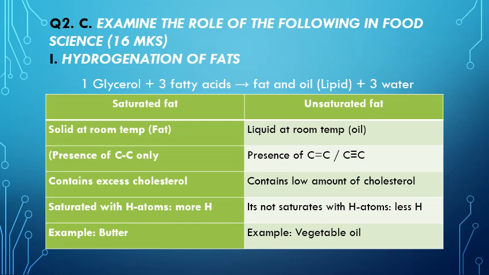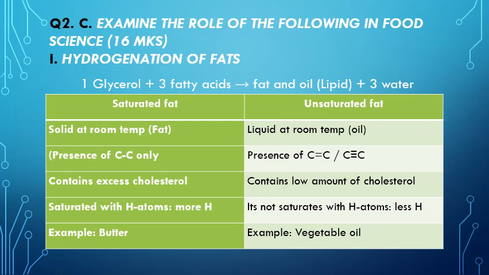Oil. So generally, we would say there are two forms. They are saturated and unsaturated. Unsaturated fat is simply what? Fat that is liquid at room temperature, which is the oil. While the saturated fat, on the other hand, is that which is solid at room temperature.